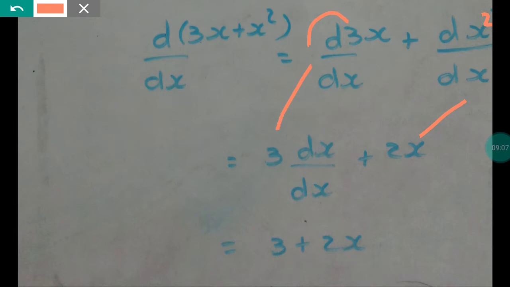You know what is 2 by 2? It's equal to 1. 10 by 10 is equal to 1. z by z is equal to 1. So this dx, they will cancel out, and this will be simply 1. Okay, so what is the answer? The answer is 3 plus 2x.